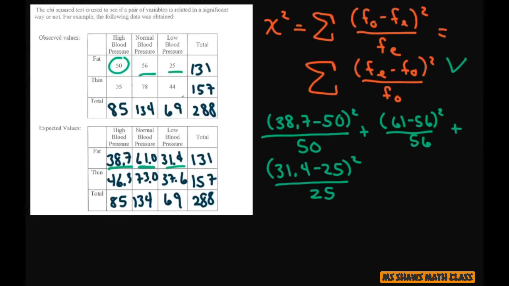If you can see why I'd like to do this is because we don't have these decimals in the denominator.